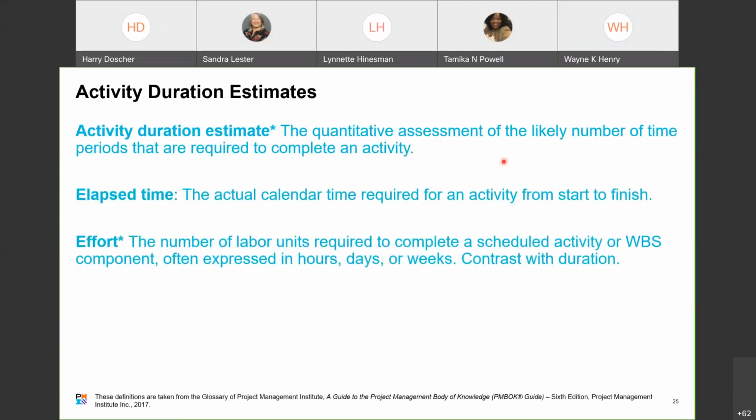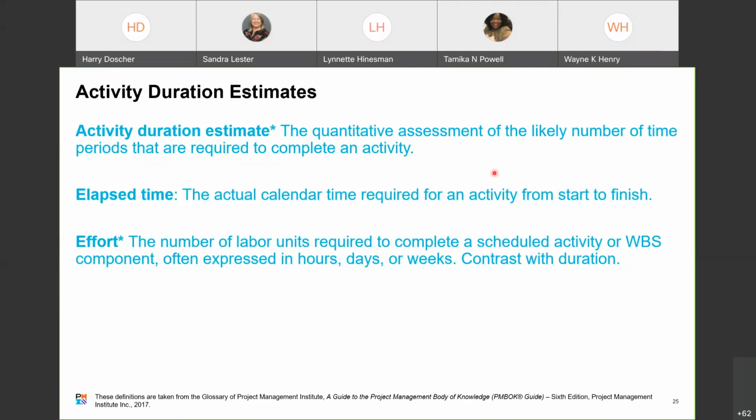Okay, duration. Activity duration estimates are the quantitative assessment of the likely number of time periods that are required to complete an activity. So remember we talked about some estimating methods before, the three-point: optimistic, pessimistic, and most likely. Boil it down and you'd come up with one duration estimate.